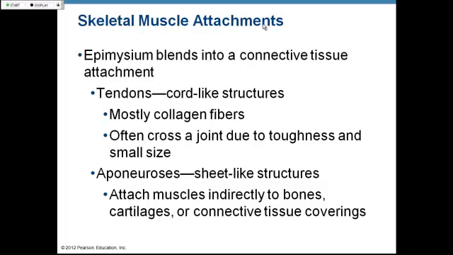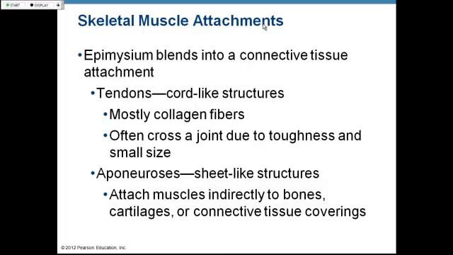So for instance, on page 208, figure 6.18, you see a sheet-like tendon that's attaching the latissimus dorsi down the midline. Also in the anterior part of the body where you have the rectus abdominis muscles.